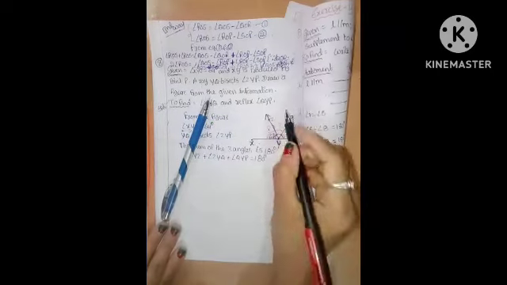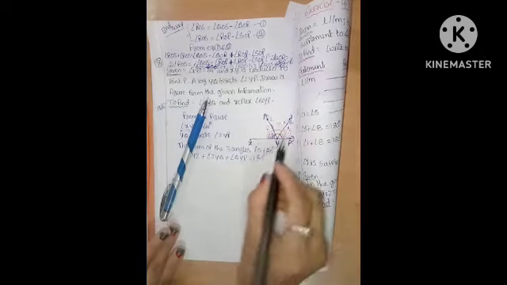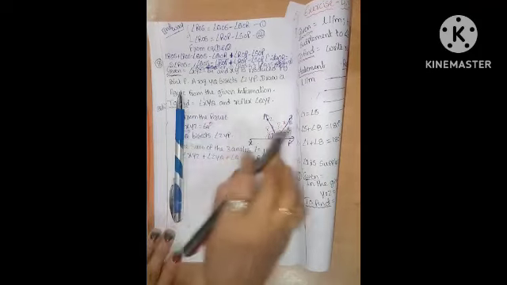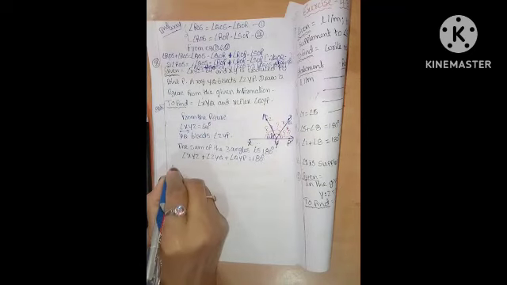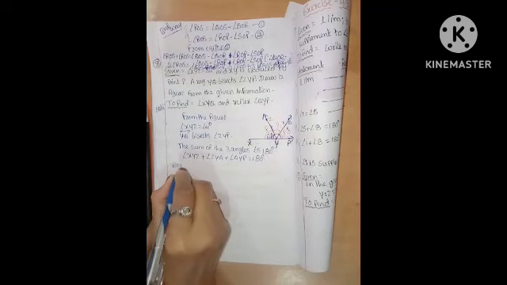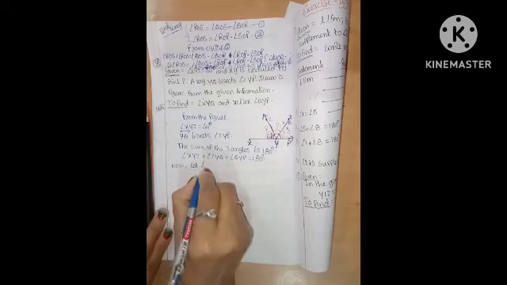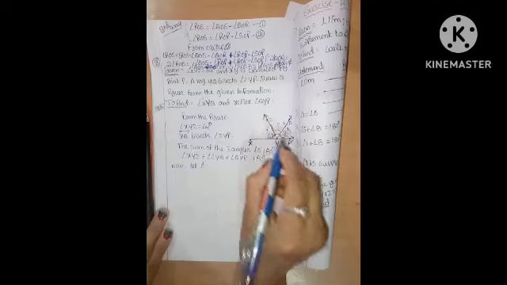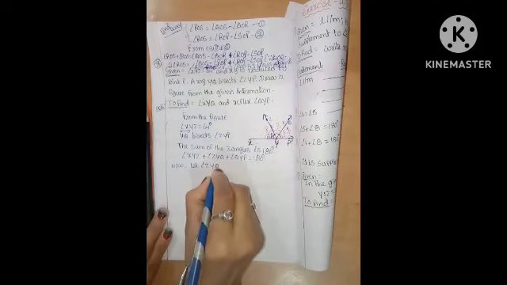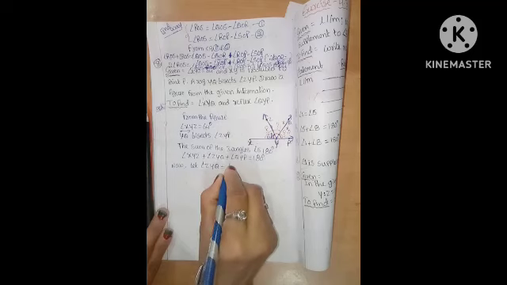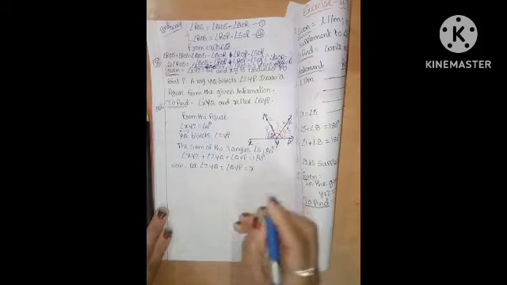Okay, suppose this is x, and this is also x. Why? Because this is the bisector of this angle. So now let angle ZYQ is equal to angle QYP is equal to x.